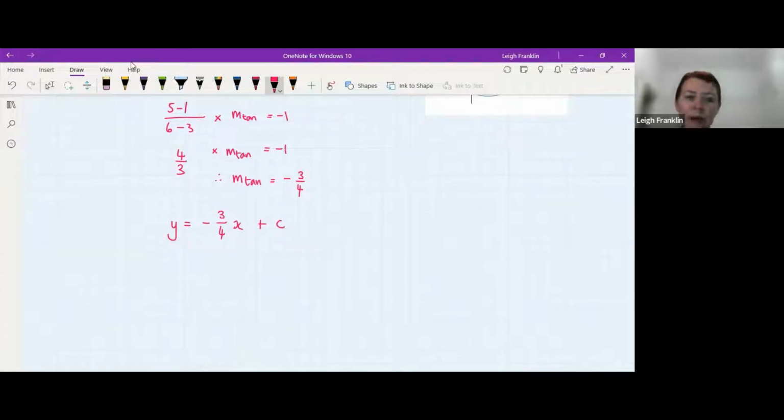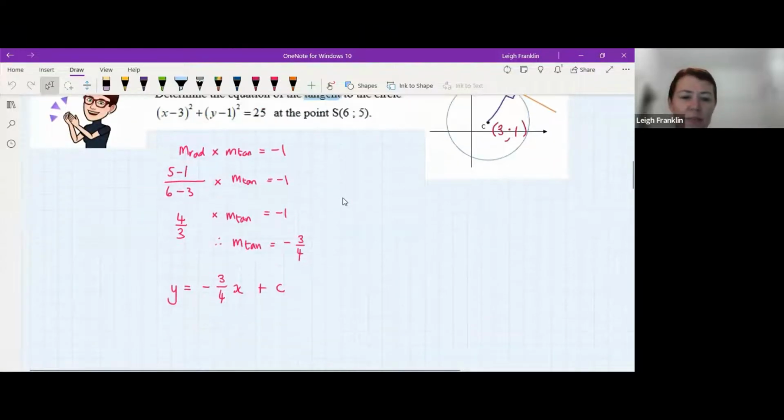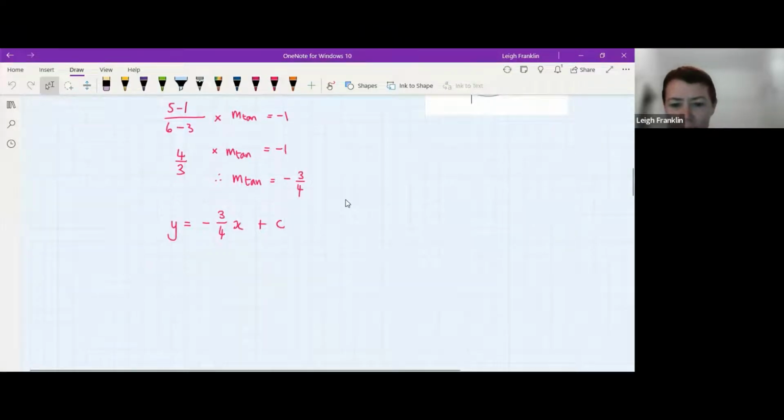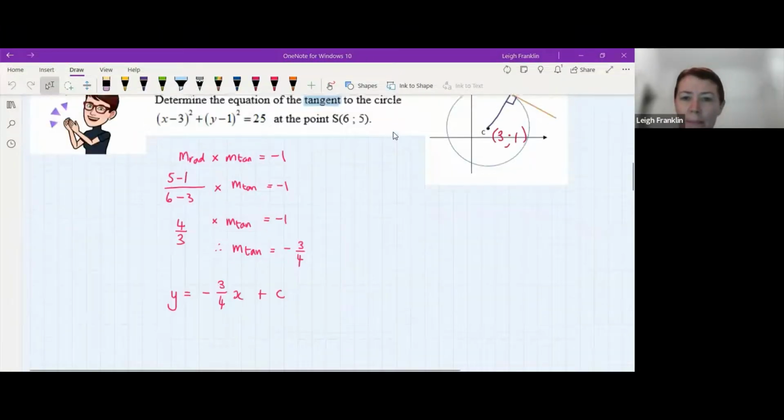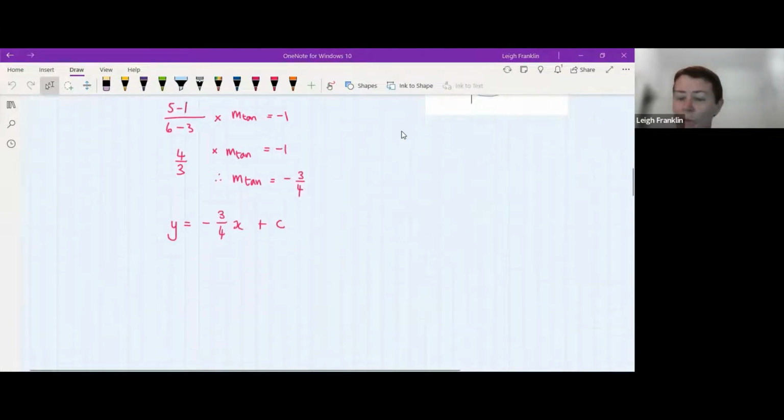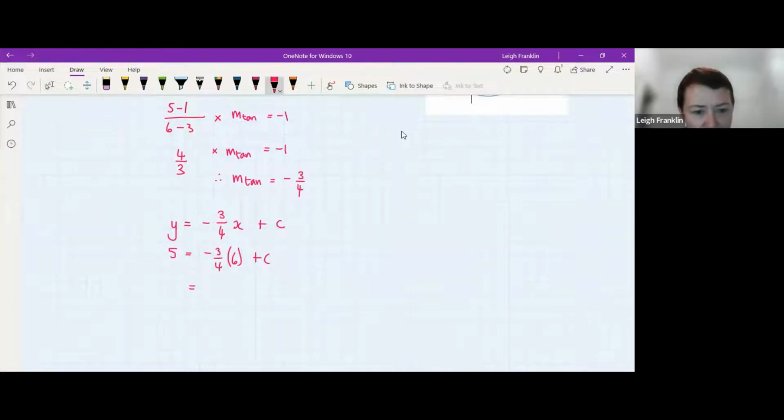Okay, so the gradient of the tangent is -3/4. That makes sense to us because it does slope down to the right-hand side. And now we need to sub the point in. So remember, x was 6 and y was 5. So 5 would be equal to -3/4 times 6 plus c. So now we can work out the value of c. That gives us -18/4.